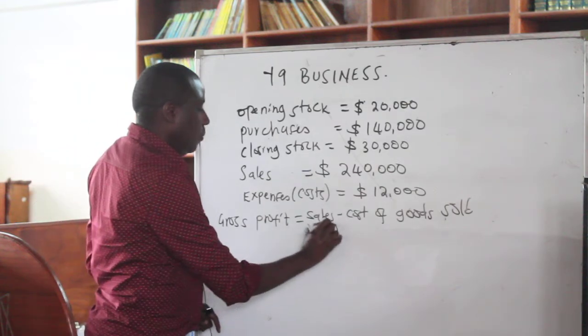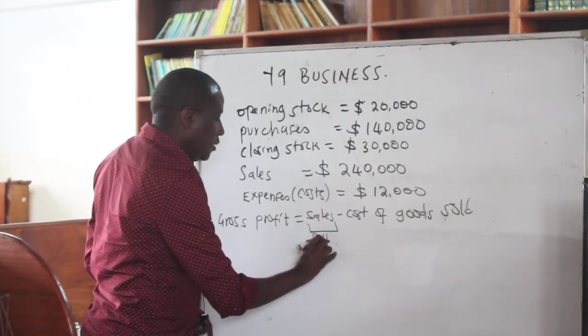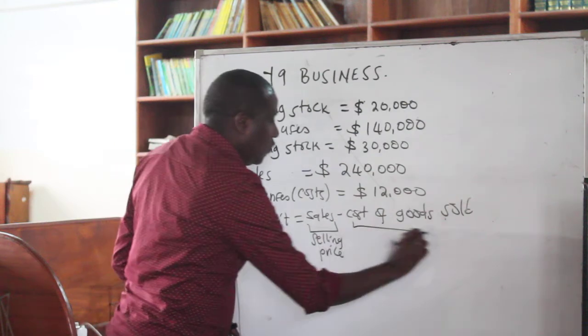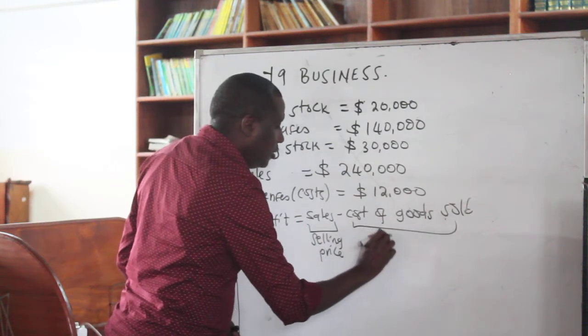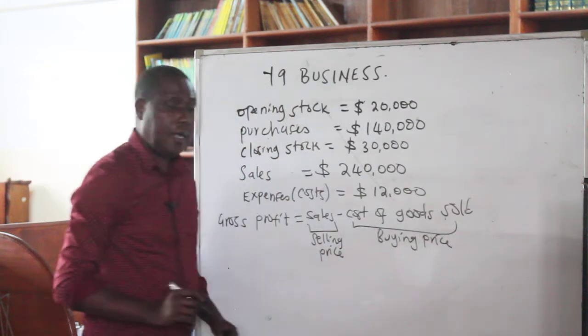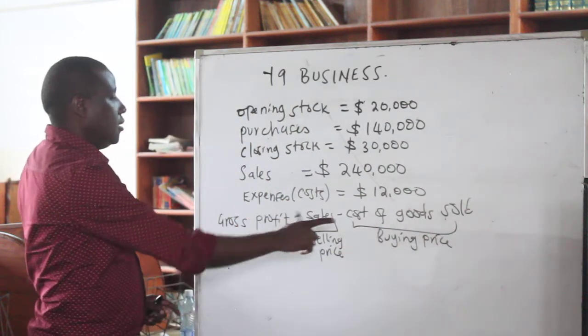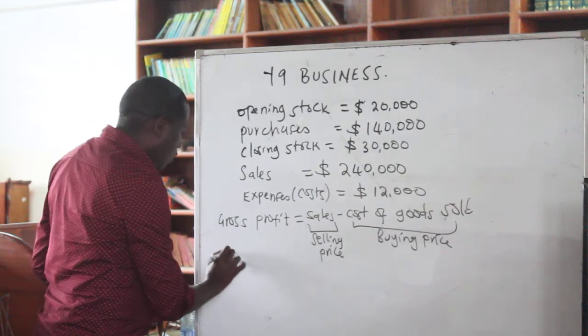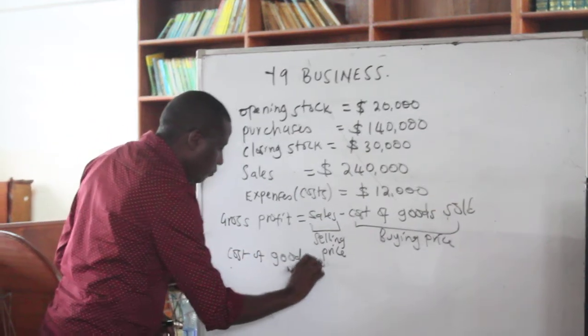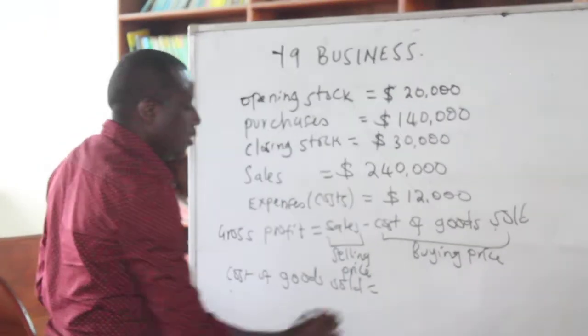Now, sales is simply the selling price. And the cost of goods sold, this is the buying price. Alright? And how do we get the cost of goods sold? So cost of goods sold will be equal to what?